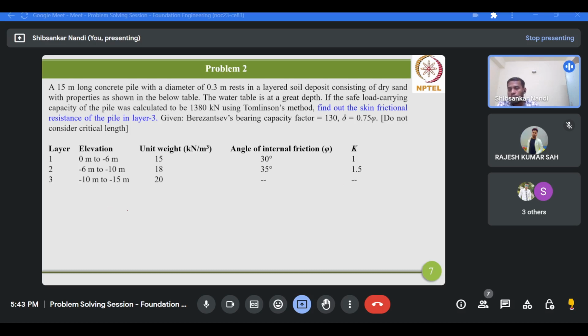It's a very easy and straightforward problem, because the safe load carrying capacity is the ultimate load carrying capacity divided by the factor of safety. From this you can get the ultimate load carrying capacity as 1380, the safe load carrying capacity mentioned in the problem, multiplied by the factor of safety 2.5.